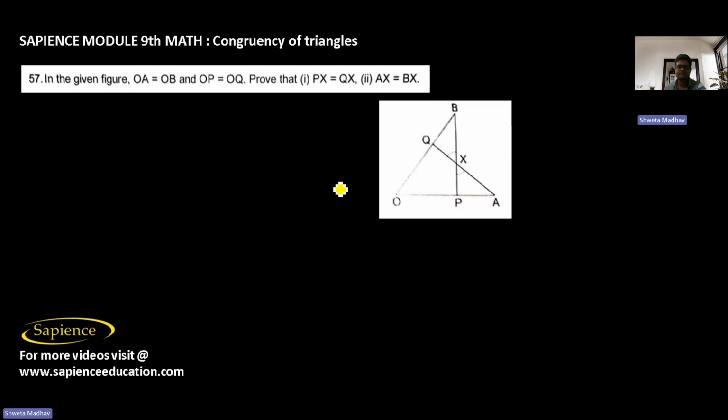Then here it is told, in the given figure OA equals OB, and OP is equal to OQ. Prove that PX equals QX and AX equals BX. So now first we will write what is given.